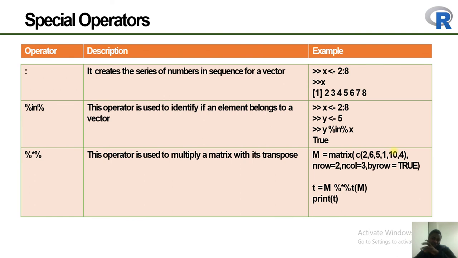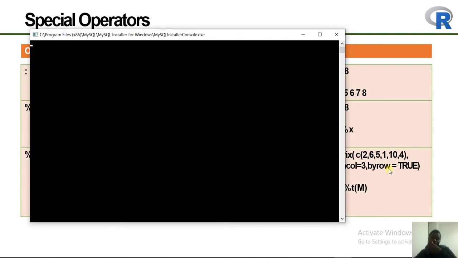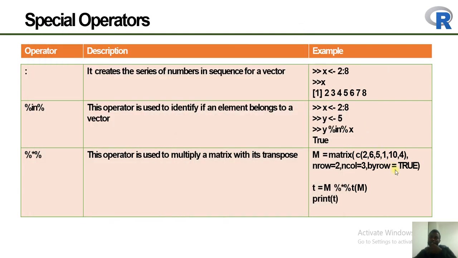That is the data we want to use in creating the matrix, and we have the number of rows as 2 and the number of columns as 3, and then we are saying byrow is TRUE. So I have created the matrix and stored the result in an object called M. And now look at what I'm doing.